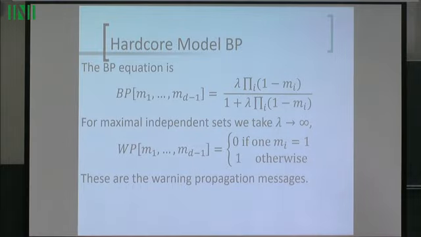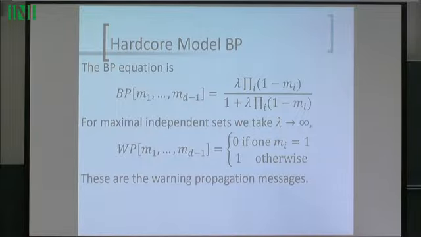And so what would the belief propagation equations look like? Well, this would be the formula. And what do you get when you take lambda going to infinity of this recursion? Essentially, if any of the inputs are 1, you'll get 0, and otherwise you'll get a 1. So now we have a simpler recursion.